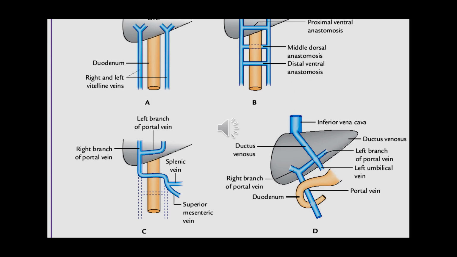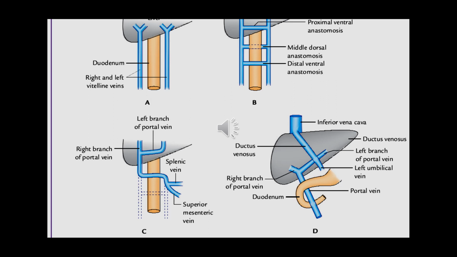And both these vitelline veins will be joined by three anastomotic channels. The proximal is within the substance of the liver, as you can see. The middle is on the back of the duodenum. Understandably, this should persist if the portal vein has to go behind the duodenum, and the distalmost connecting channel is also in the front.